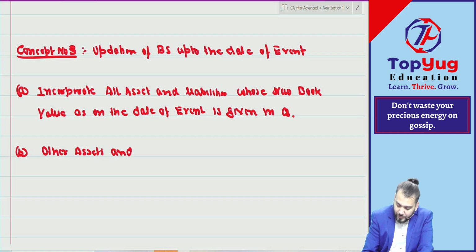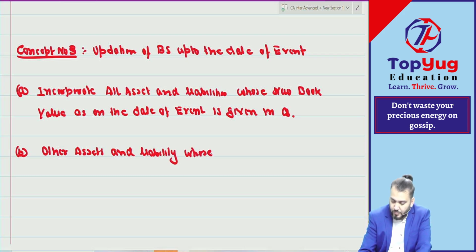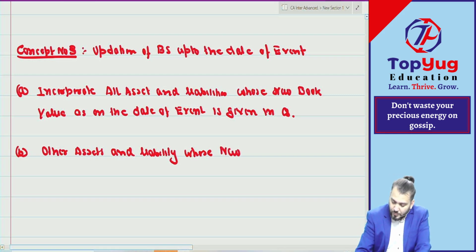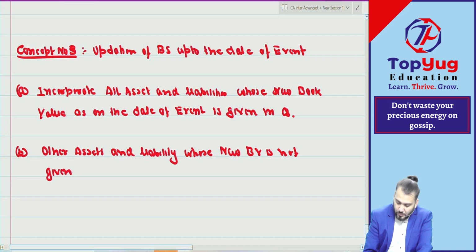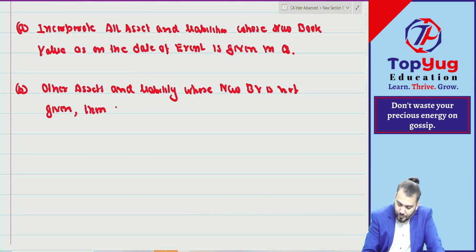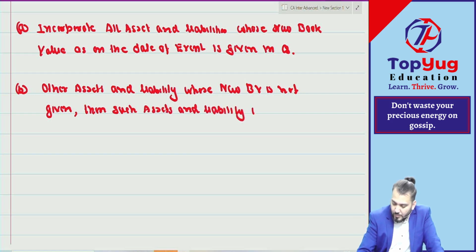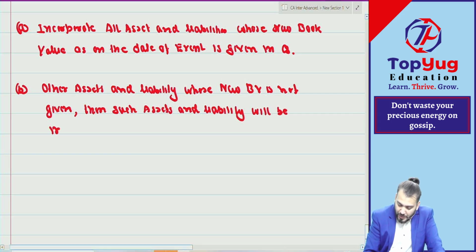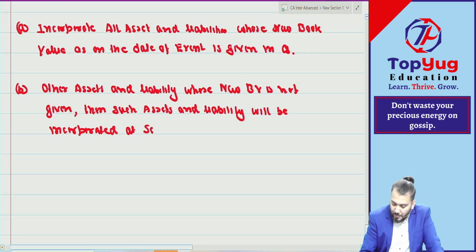Point number B: other assets and liabilities whose new book value is not given, then such assets and liabilities will be incorporated at the same old book value.